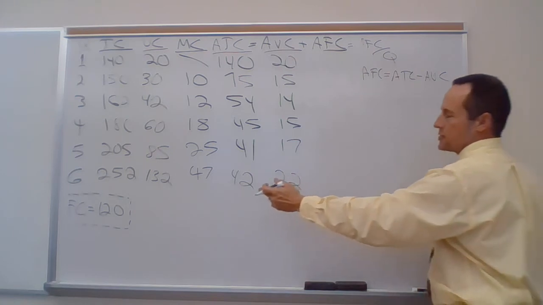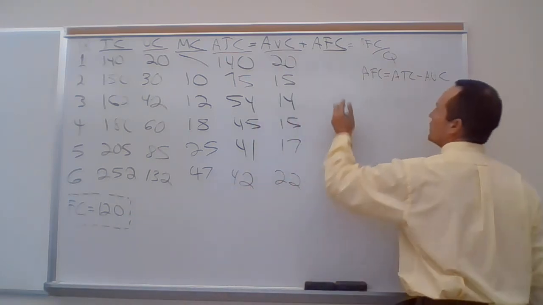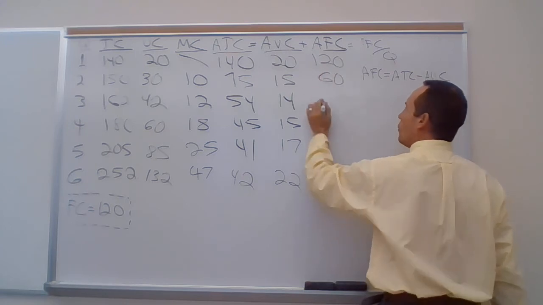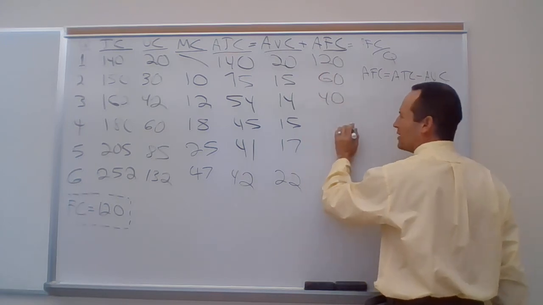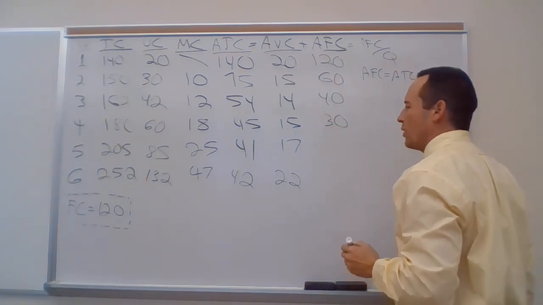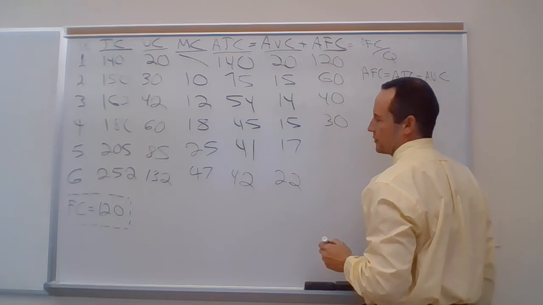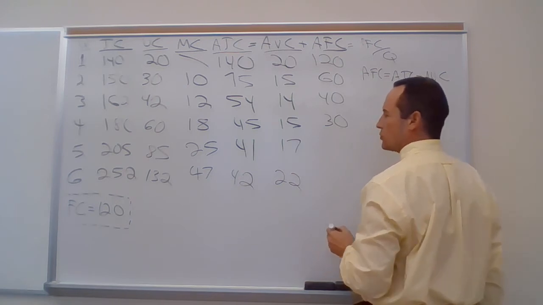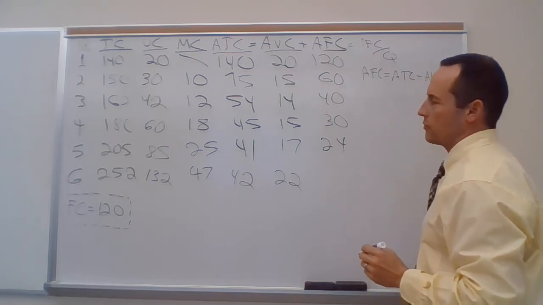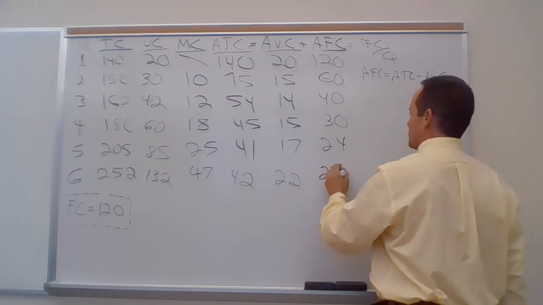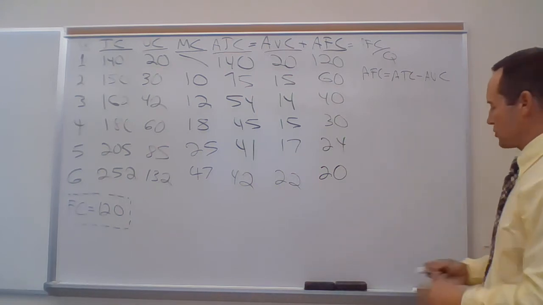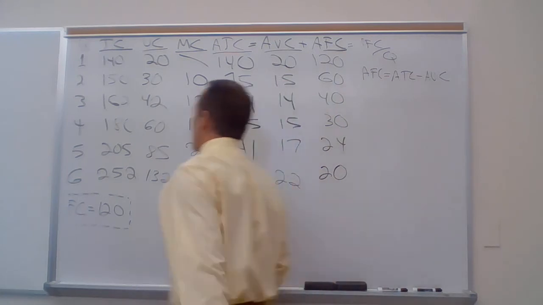So there's fixed cost, 120 over 1, 120 over 2, 120 over 3, 120 over 4, 120 over 5. I will tell you 120 over 5 will be this. Okay, and 120 over 6 will be that. Voila, but we're not done. This is a cost matrix constructed just from total cost.